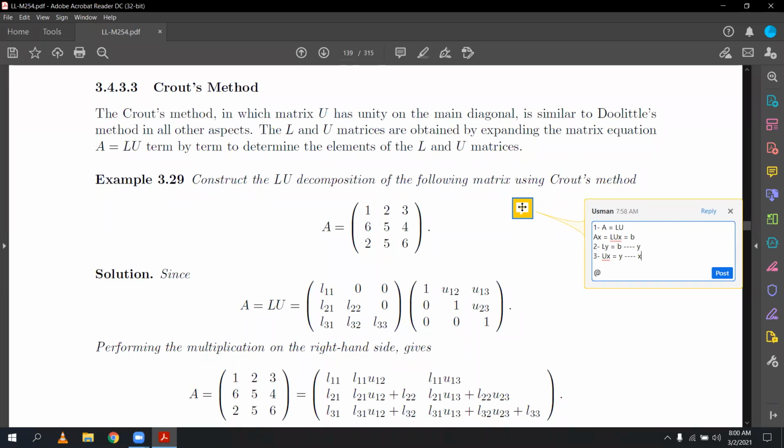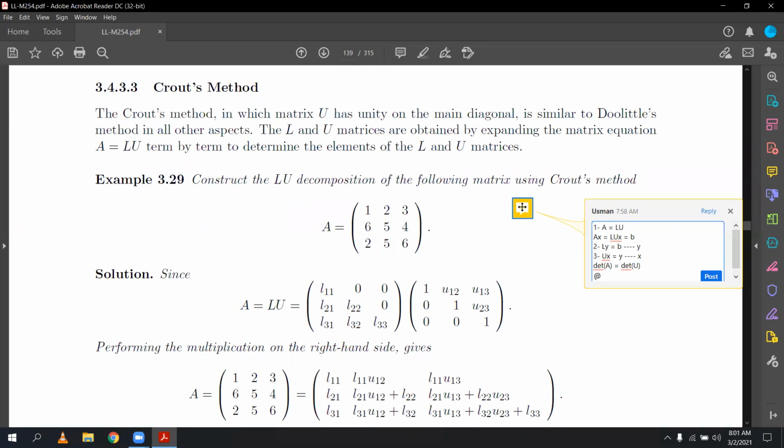Then we find the rest of the elements of L and U, and then we can find the solution. Remember that in the Doolittle method, I gave you the formula: the determinant of A is always equal to the determinant of U.